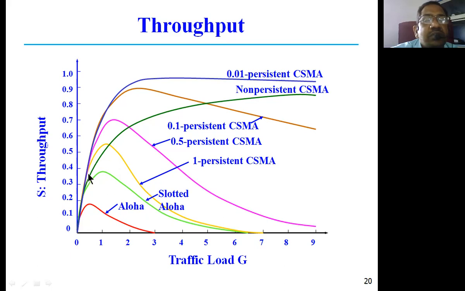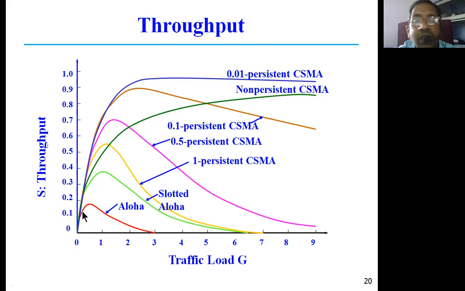In the case of 1-persistent CSMA, we have the yellow curve, where the throughput has increased drastically. If you observe this carefully, with 0.5-persistent CSMA we normally get all these various possibilities.